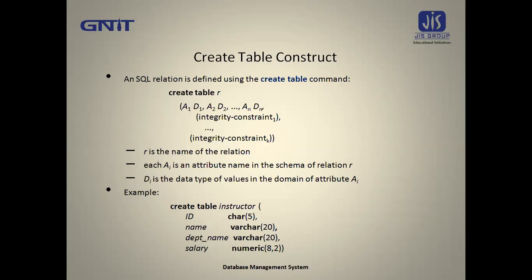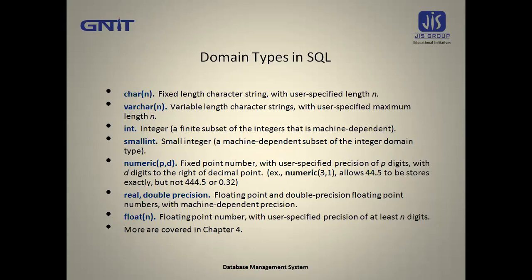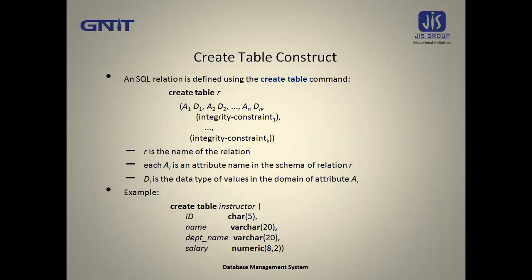Department name is the same, varchar. Salary, as it is a numeric value, we use the numeric data type, where a fixed point number with user specified precision of p digits, with d digits to the right of the decimal point, can be registered.